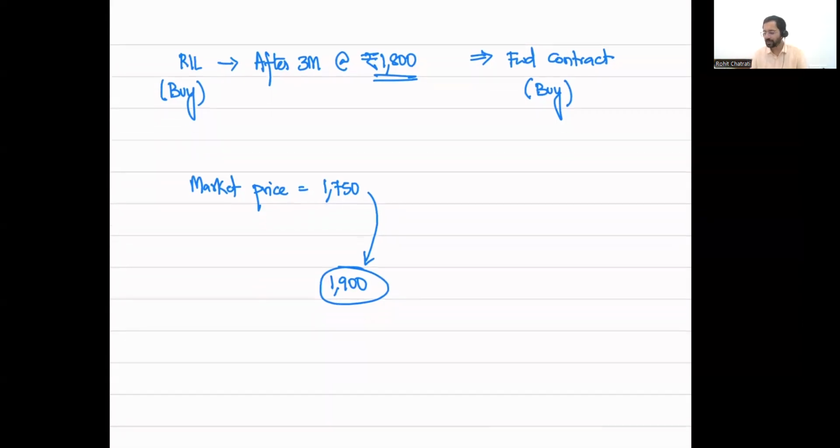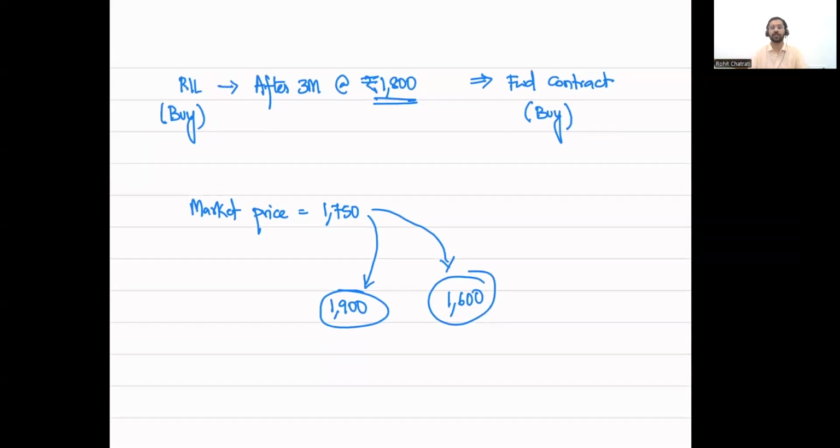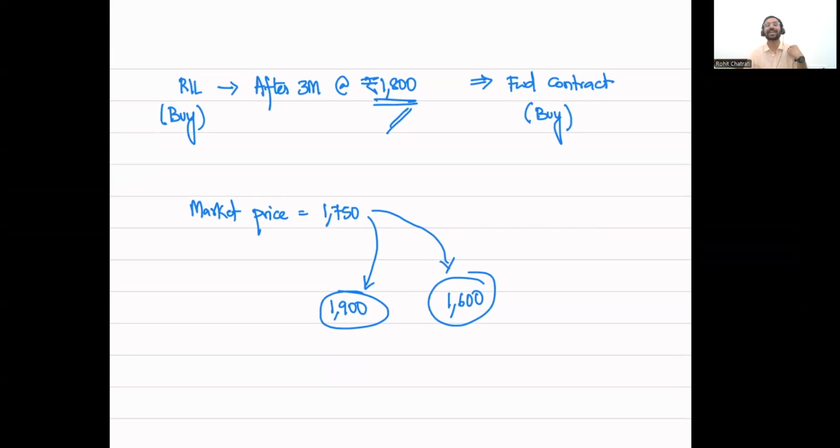Same way, let us say the share price falls down to 1600. I am going to be at a loss because the market price of Reliance shares after 3 months is 1600, whereas I have entered into a contract to purchase it at 1800. I am going to pay 1800 to get Reliance shares under the forward contract, whereas in the market it is available at 1600.